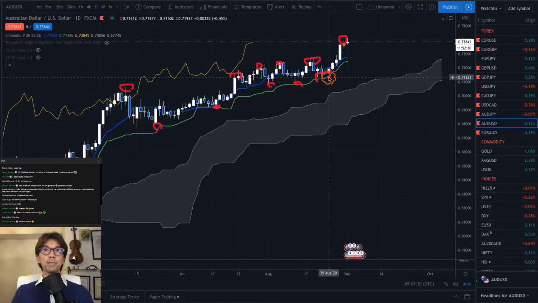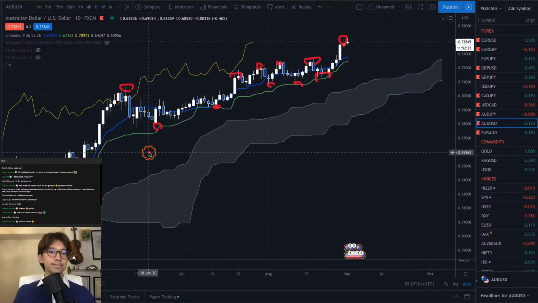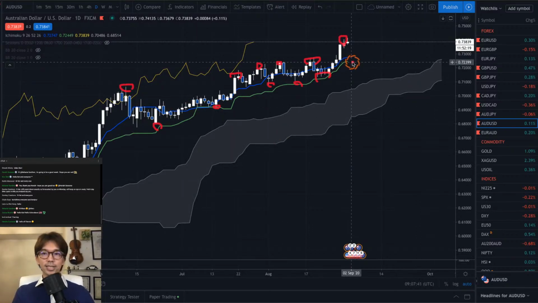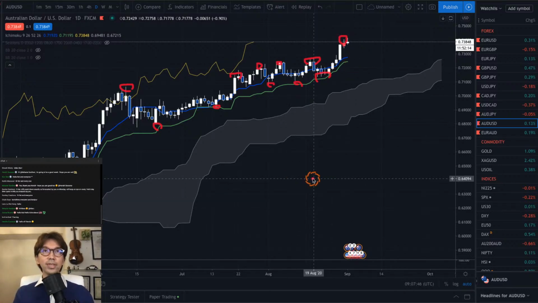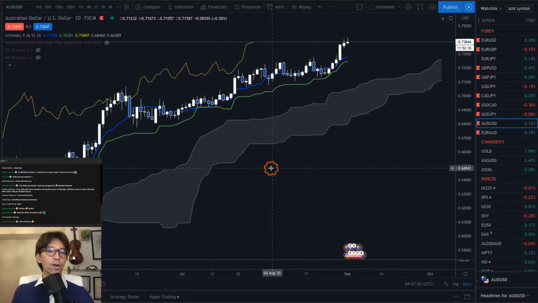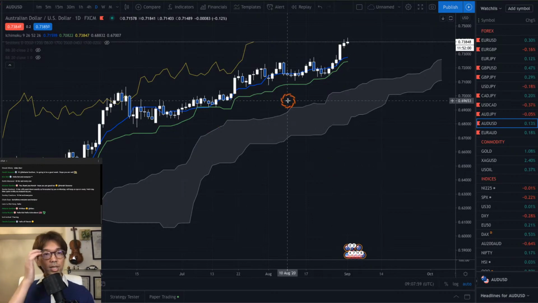So this is basically uptrending on these consecutive N waves, and that's why you see all these lines are moving up right now. So that's N wave, and N wave is the backbone of Ichimoku Kinko Hyo or any market basically. So yeah, right now AUD USD daily chart, this is uptrending, no doubt.